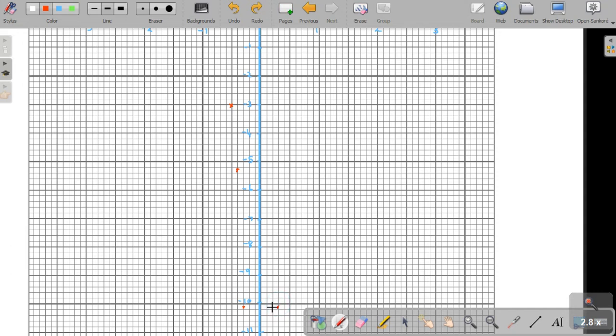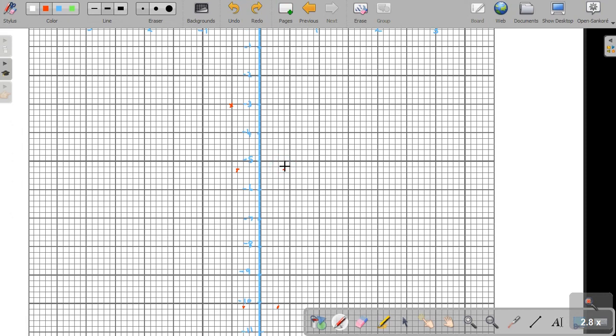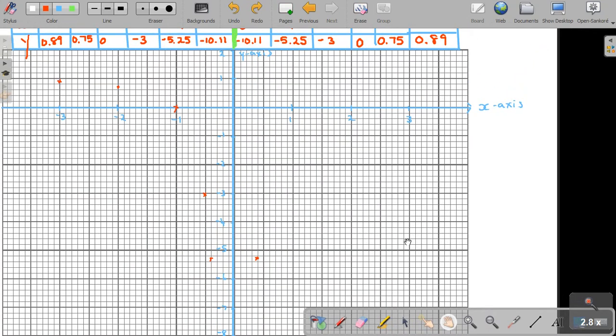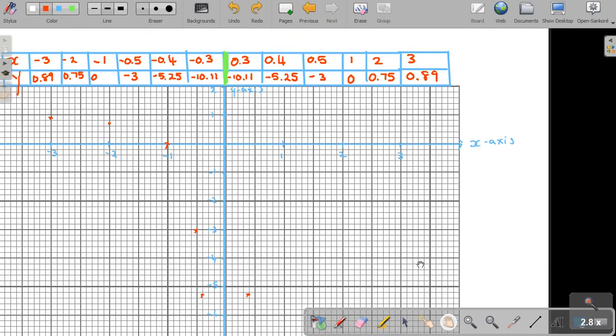Okay. And then the next one is 0.4, and I think it's the same there as that one, but it's just 0.4, and it's -5.25. Okay? And then I can actually move like this so that I can see.